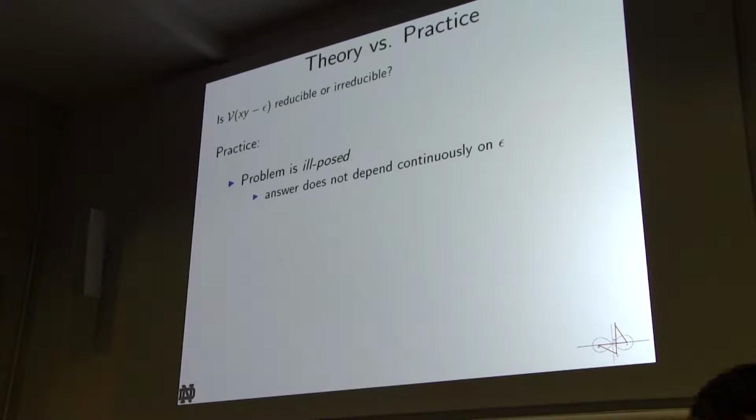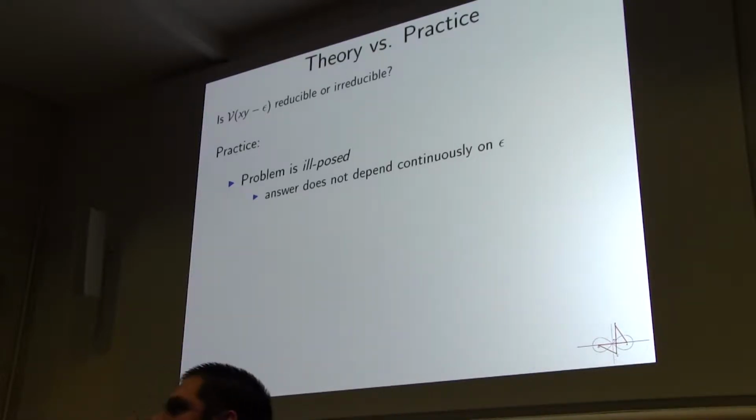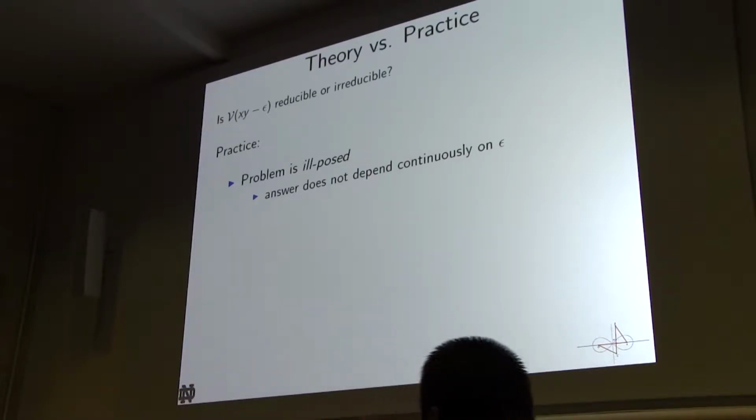Okay? So ill-posed, one thing is you have to have this continuous behavior on your parameters, and this is not, the answer is not continuous in epsilon. So what happens if you want to solve an ill-posed problem is you have to think carefully, how can I make this a well-posed problem?